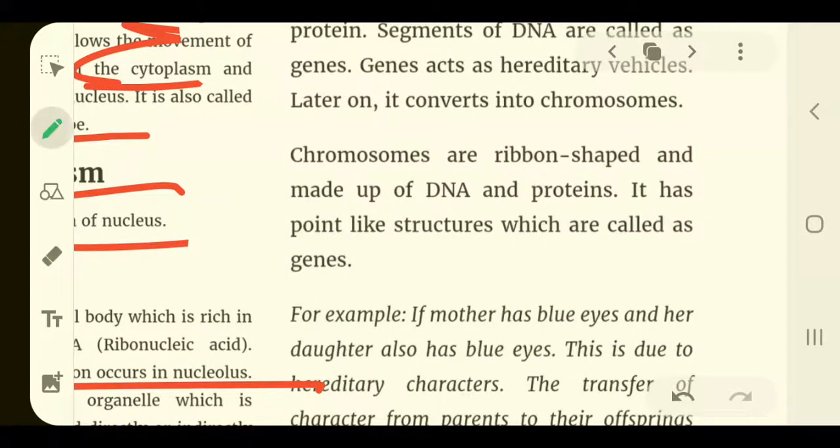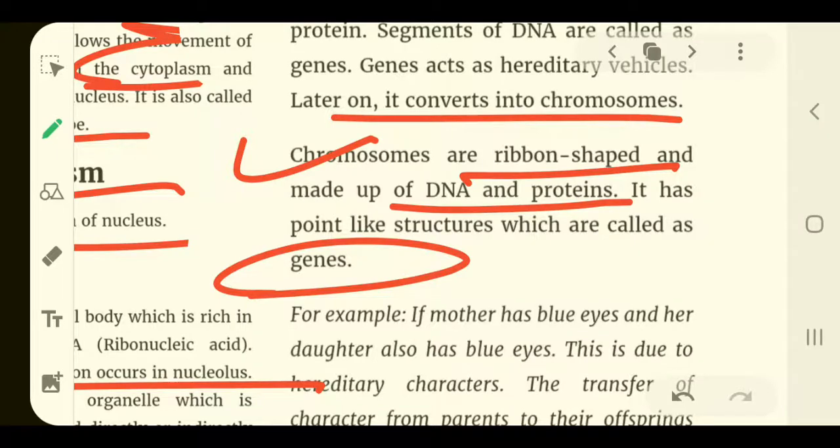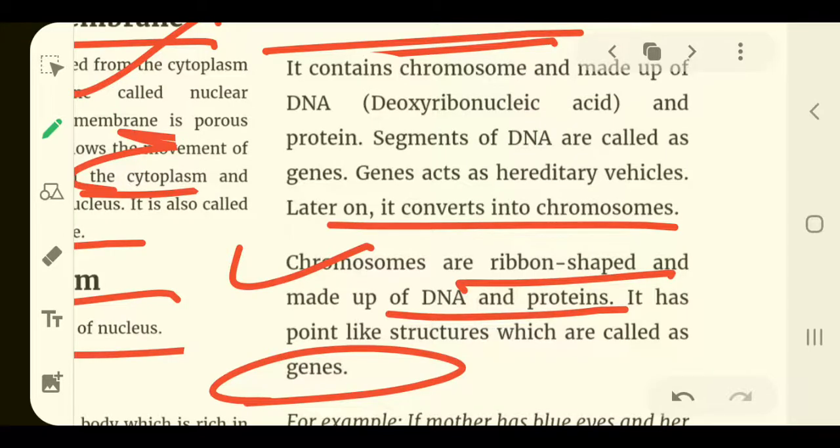Then the new word that you are dealing with now, because everything that we have read is referred to as chromosomes. So the genes and the DNA are basically present in the form of chromosomes. The chromosomes are ribbon-like structures made up of DNA and proteins, and they consist of a component called genes. You should know the genes are the hereditary materials which we pass in the form of DNA molecules and which are present in the chromosomes.